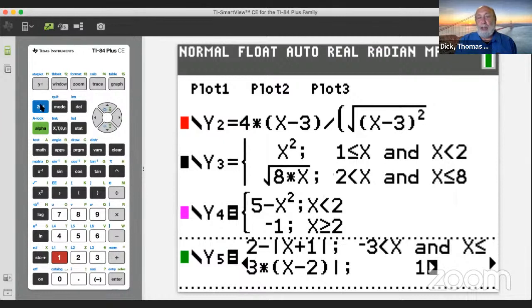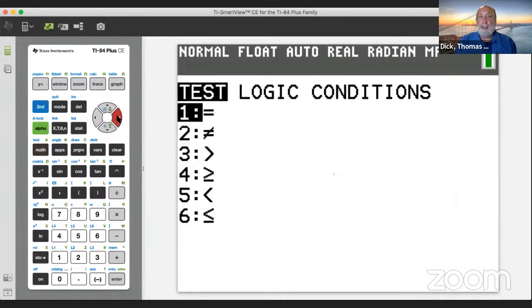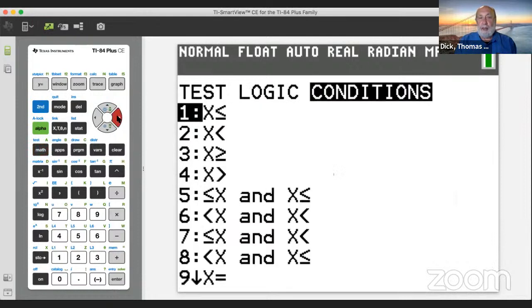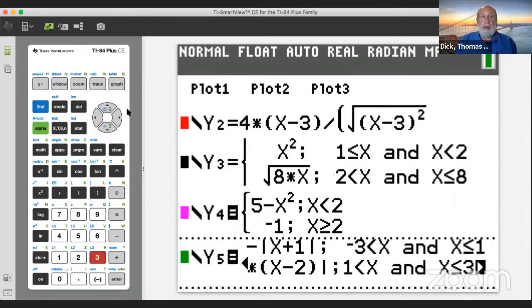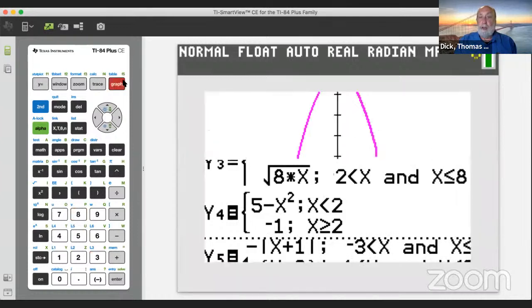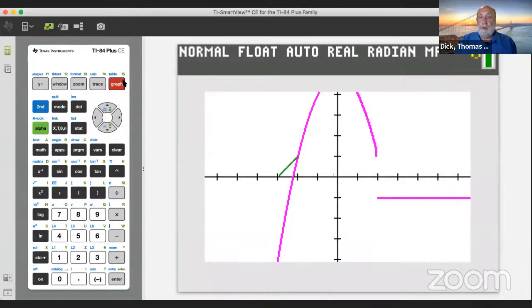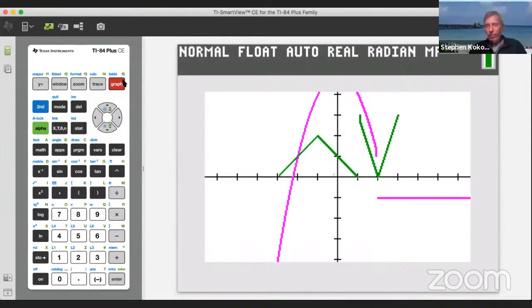So I'm going to go ahead and put in the 1 and then do that conditions again. This one, I think that's going to be number 8 again. Okay. Yep. And then all we got to do is put in a 3. And let's see if we can graph this one too. Well, that's pretty cool. Excellent.